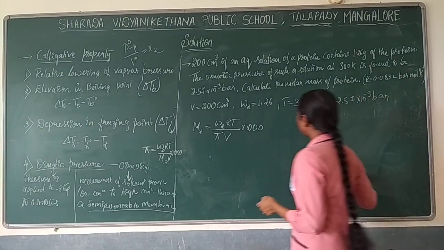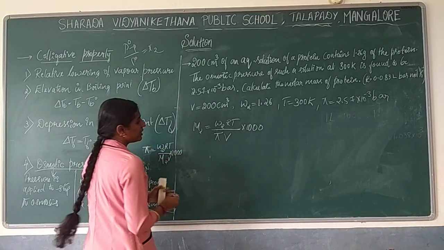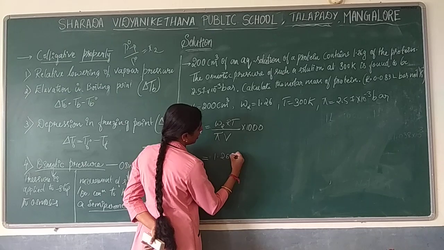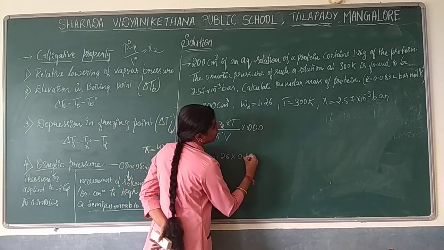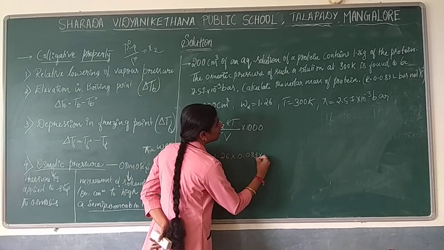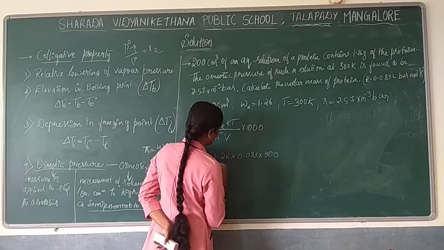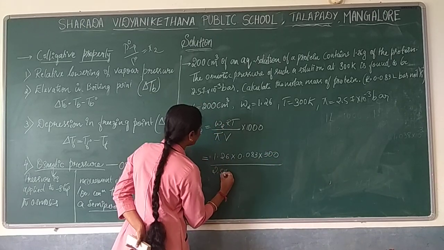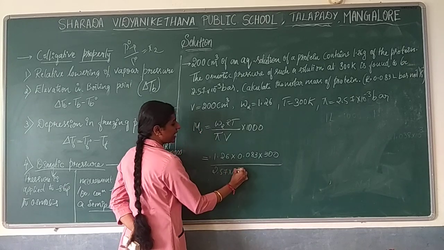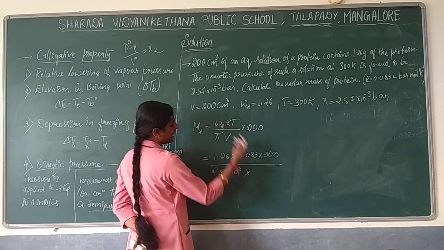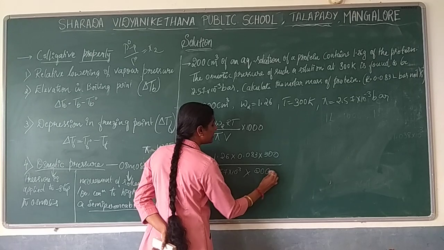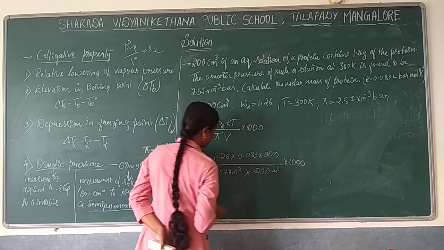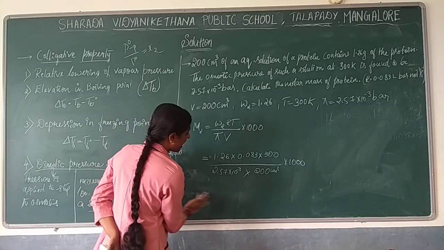So just substitute over here. M2 you need to find out. W2 is 1.26 into R value 0.083 into T value 300, divided by pi value, that is 2.57 into 10 to the power minus 3, into volume, which they have given in terms of cm cube, 200 cm cube. So multiply by 1000. Whatever answer you get, calculate this one.